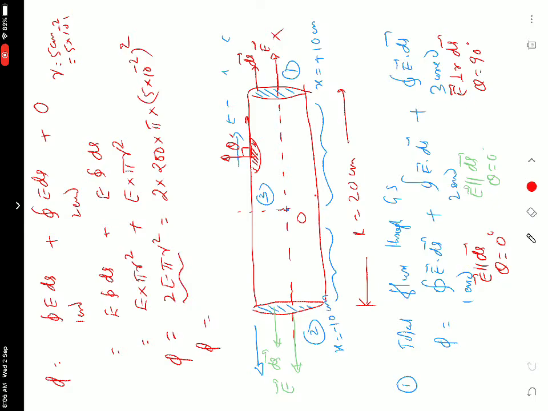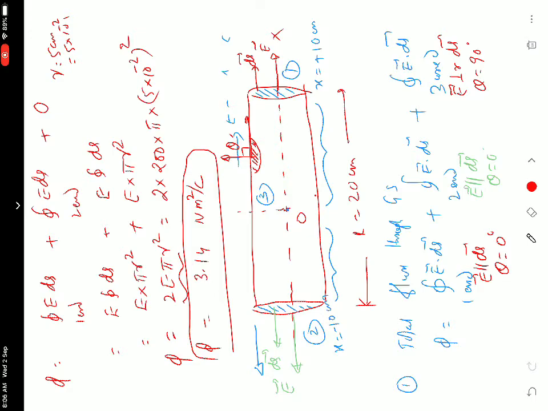Total value is 2 into 100 into pi 3.14 into 5 into 10 to the power of minus 2, whole square. So this value is equal to 3.14, and the unit is Newton meter square per Coulomb. This is the net flux.